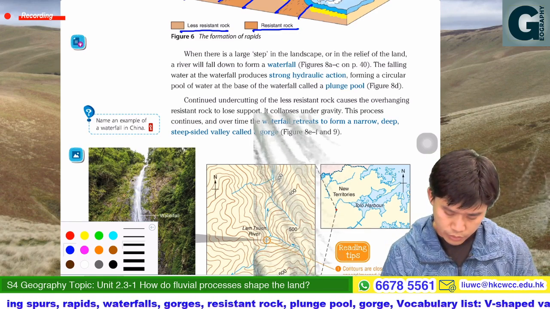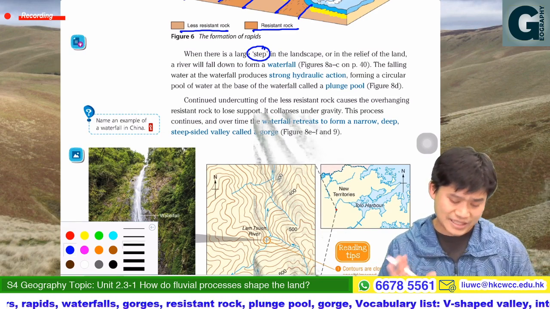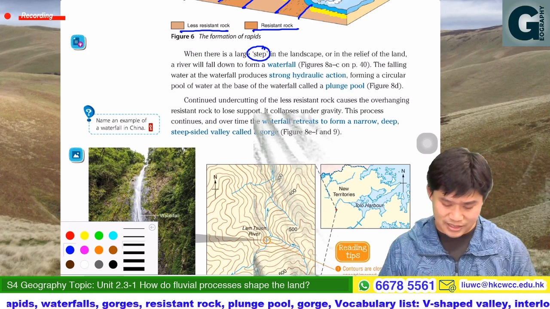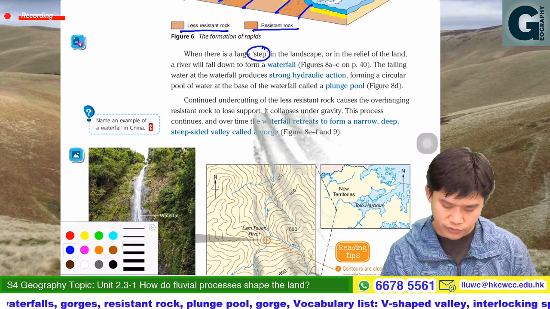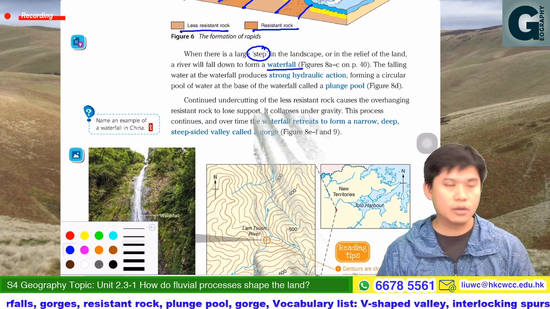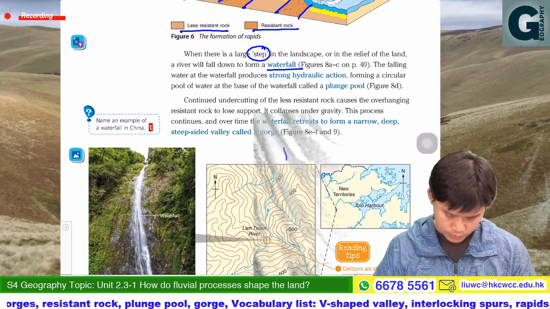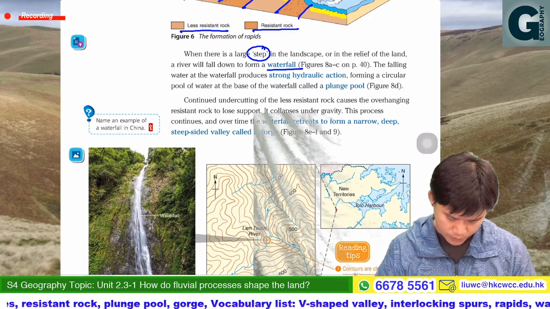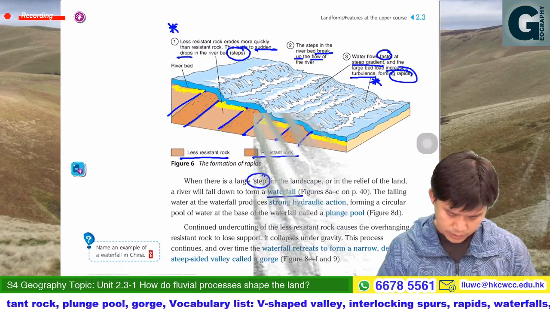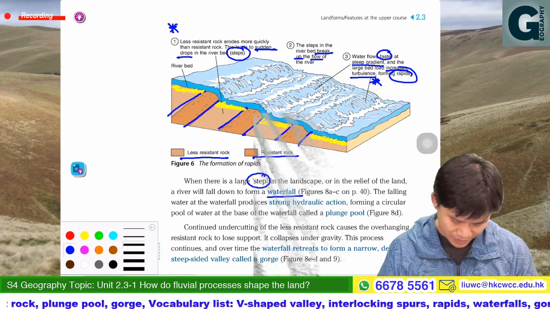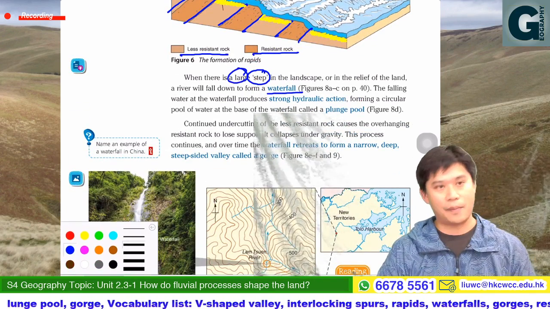When we have to understand what a rapid is, there must be steps. When there's a large step in the landscape or in the relief of the land, the river will fall down to form a waterfall. Compared to rapids, which we just mentioned are steps, a waterfall is a large step.